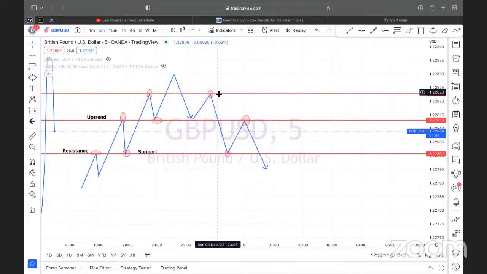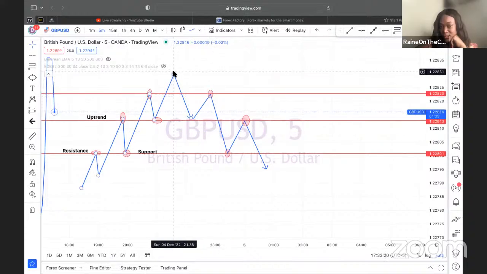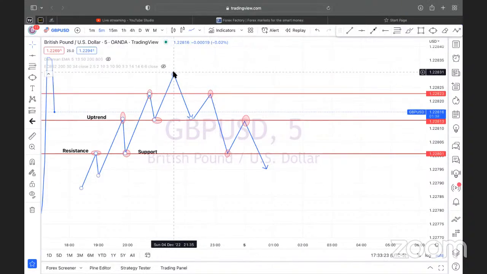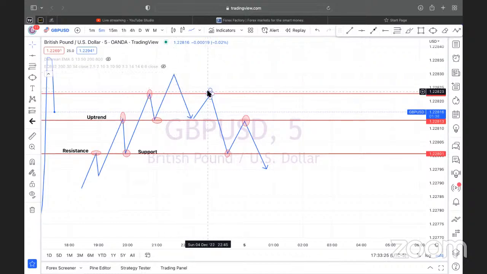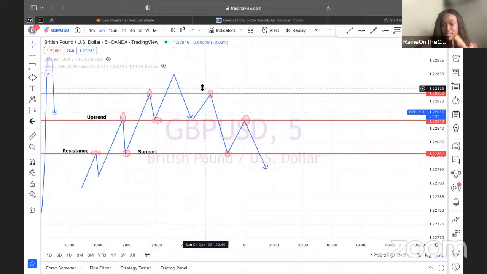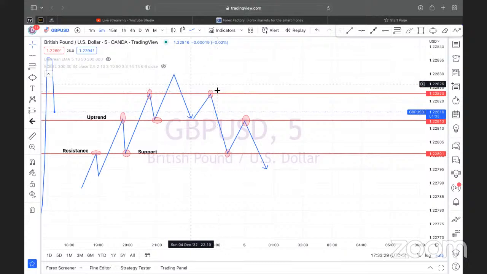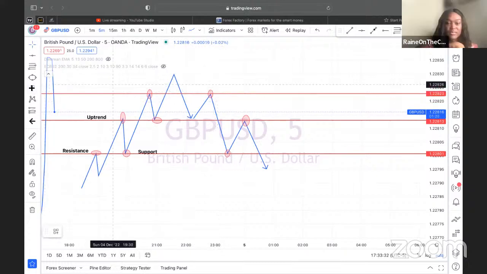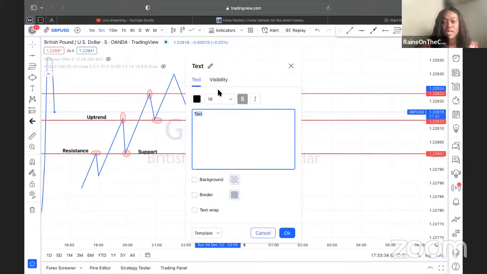Oh, and that's an equally high. It didn't go higher. Well, this is the highest high here. And what was this after this high? A lower high. That's what I was looking for. Yes, thank you. So here we have a lower high, right?